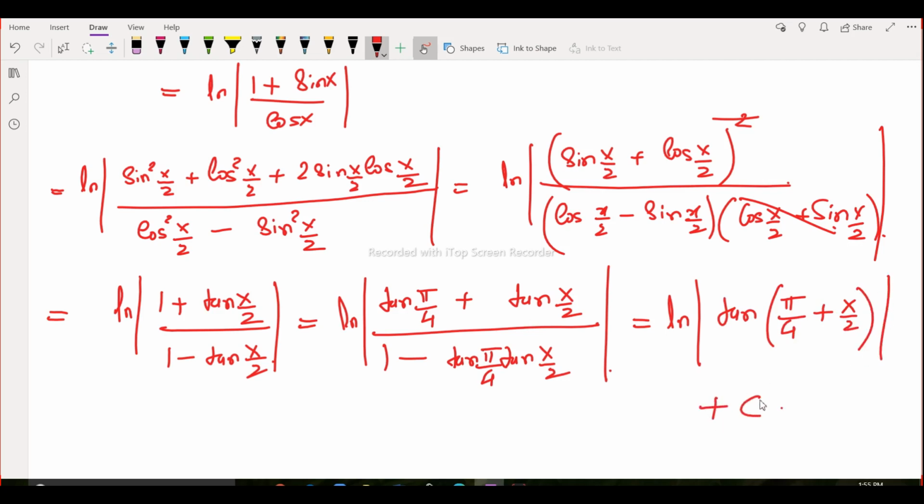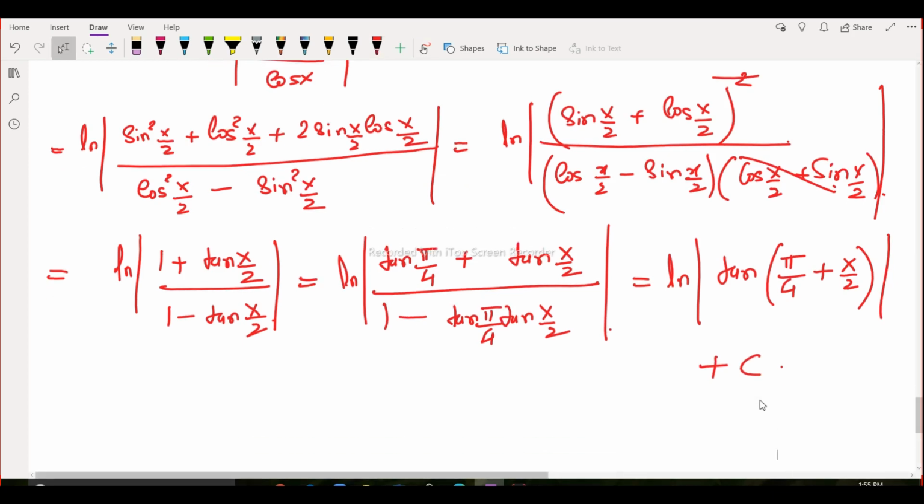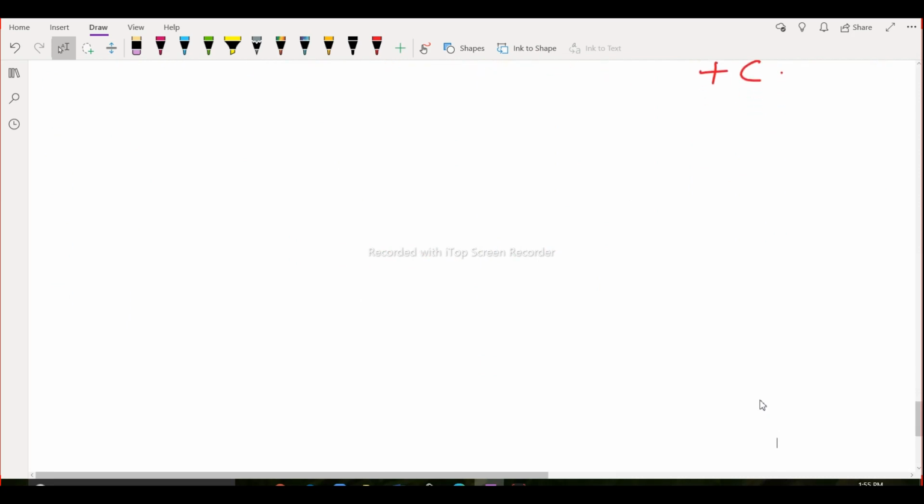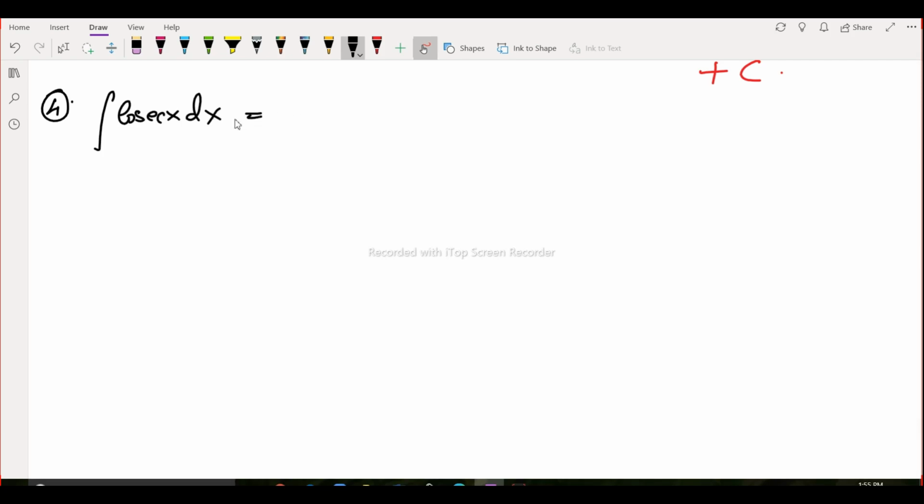So this is the other formula for integration of sec x, right? Similarly, the fourth one: if you want, you can give it a try, the integration of cosec x. So for integration of cosec, again you will start off in a similar manner.